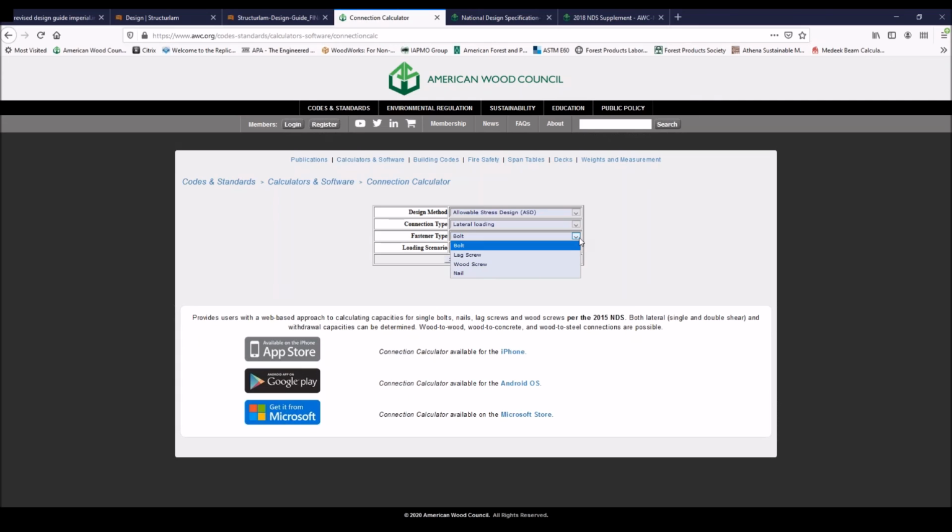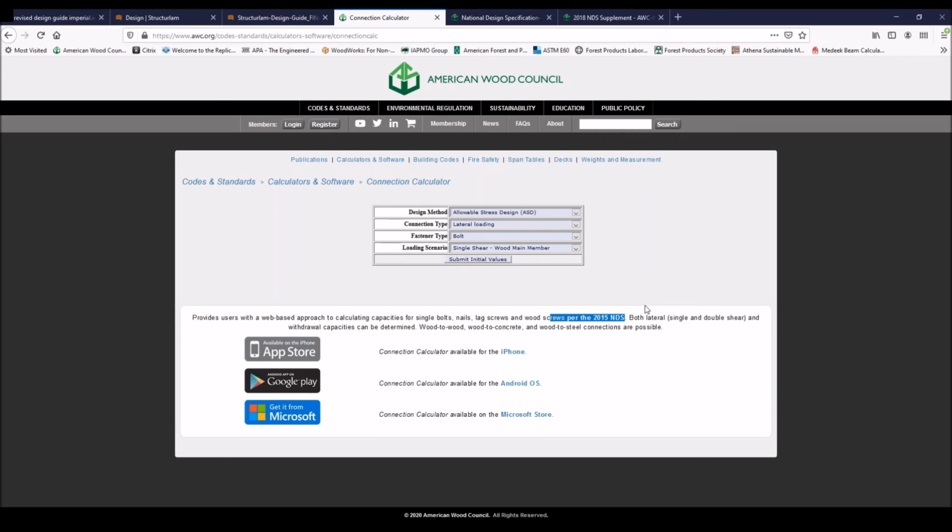We have multiple different fastener types that you can choose from. I will point out that this calculator is per the 2015 NDS, however. So it has not been updated just yet to the 2018 NDS, and that includes those fastener head pull-through provisions.